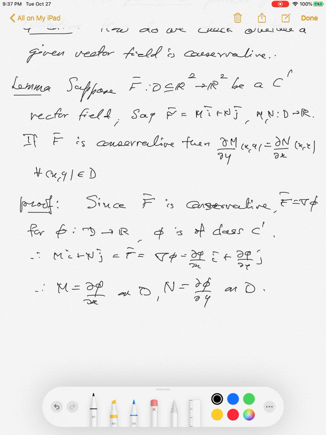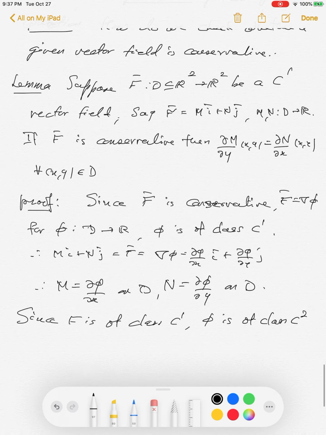Now we use the fact that F is of class C1 and the partials of phi are the components of F. So since F is of class C1, phi is of class C2. Because look, its partials are M and N, and F is of class C1, so the partials of M and N both exist.